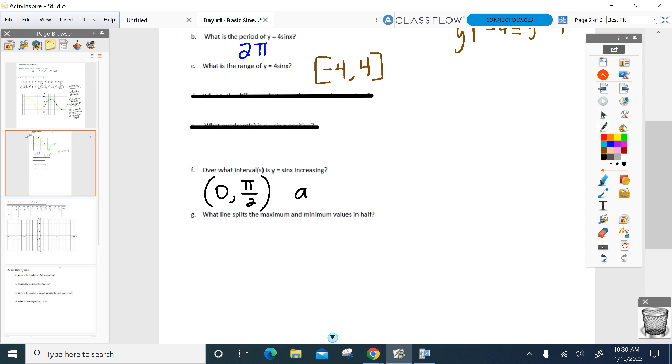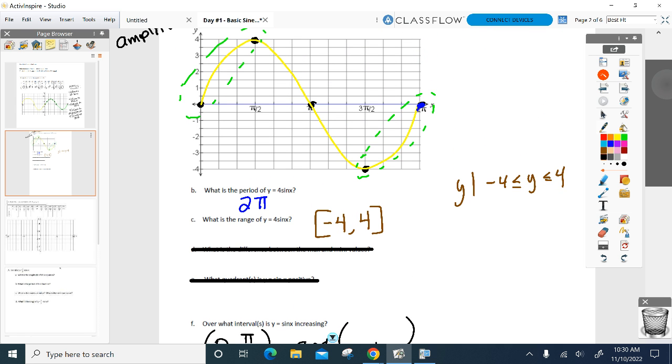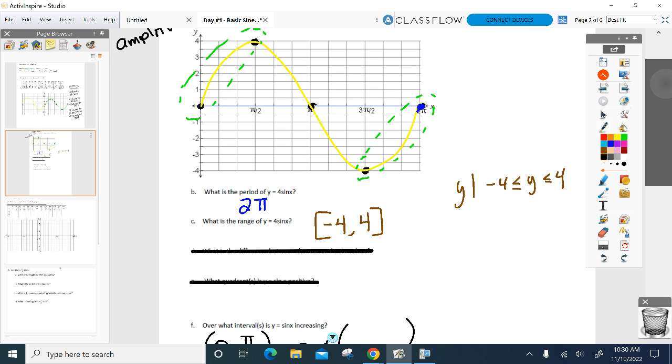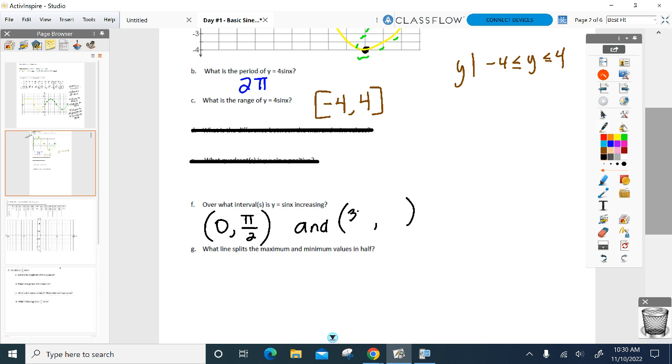And now that you know that, and I know Jake just gave this away, how would you express the second part of the graph where it's increasing? From what to what on the x-axis? 3 pi over 2 to 2 pi.